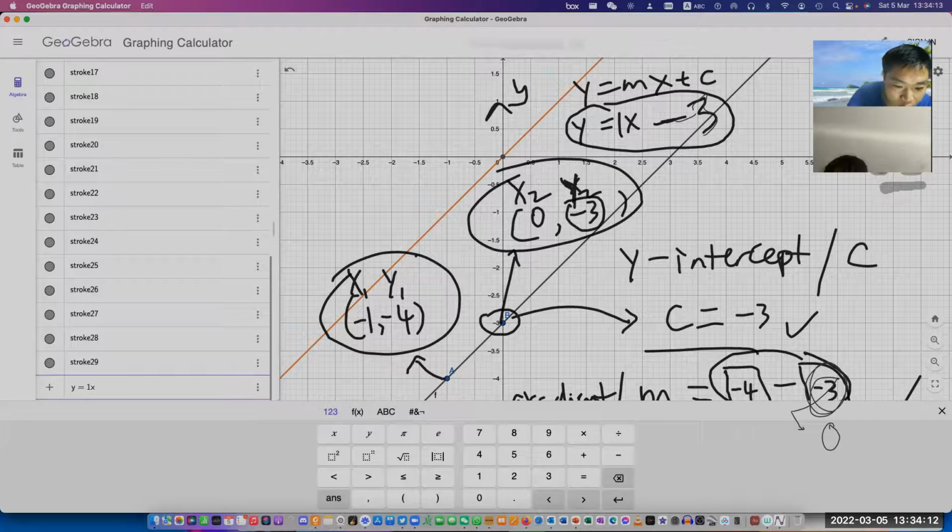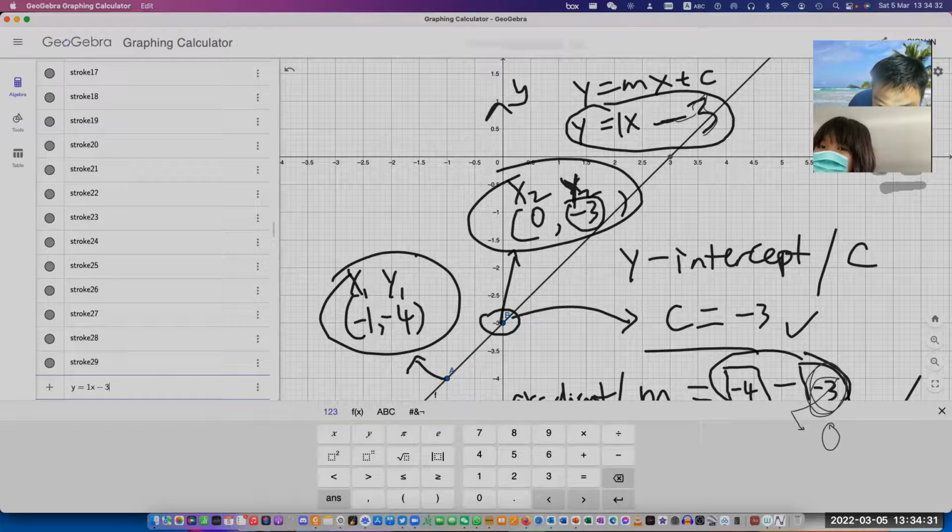Now my line 1x is here, the orange one. Can you see the orange one? If I key in y equals mx minus 3, this orange line should overlap with the black one. If it overlaps, it means I'm correct. If it doesn't overlap, it's wrong. Can you see? It overlaps.